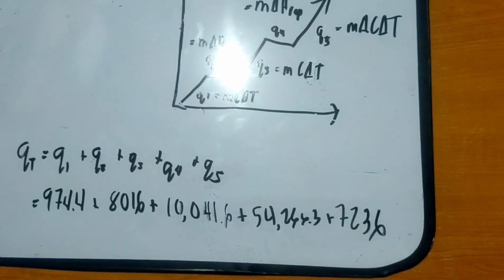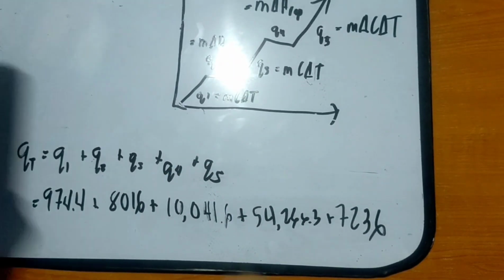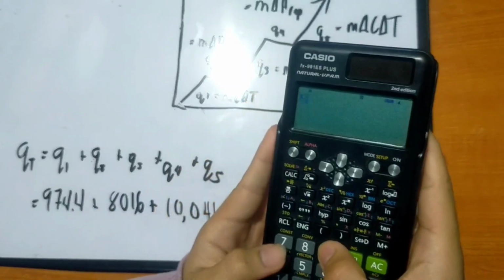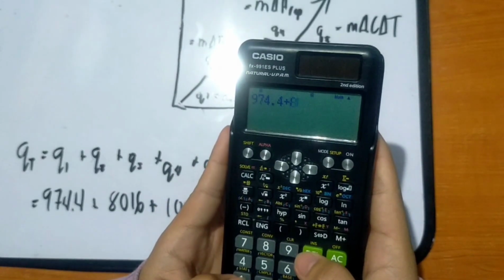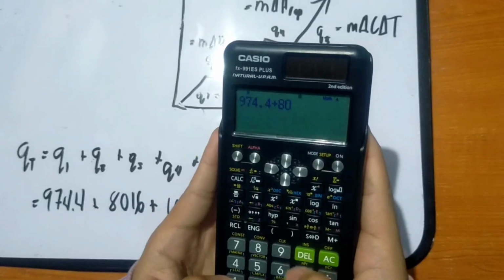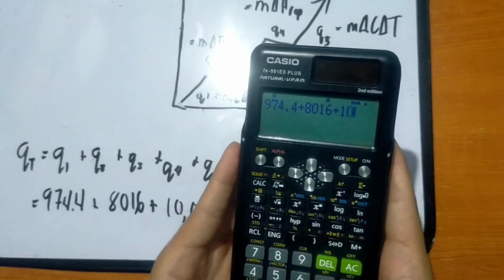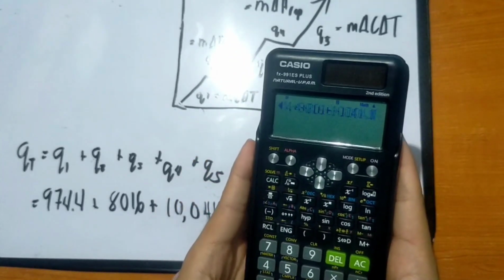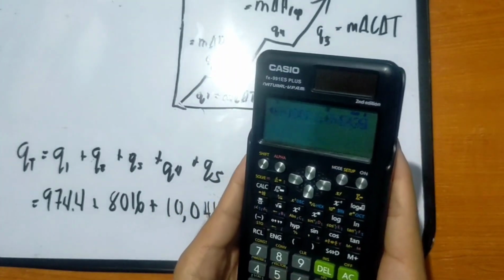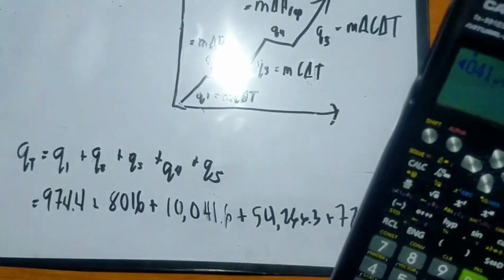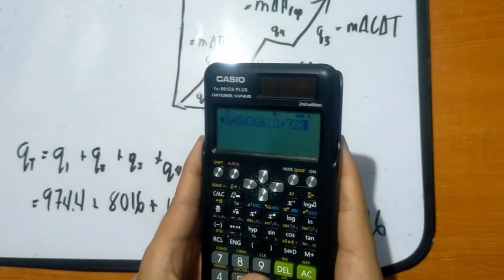Now, ipag-a-adapt natin siya lahat, which is 974.4 plus 816 plus 10,041.6 plus 54,266.3 plus 7,236.